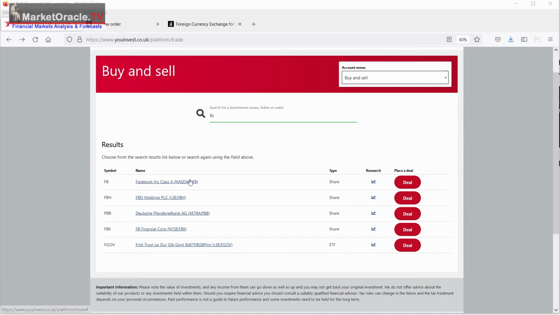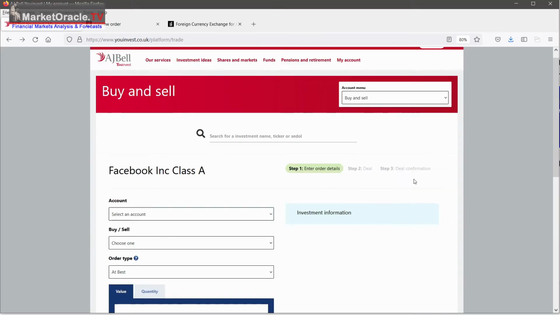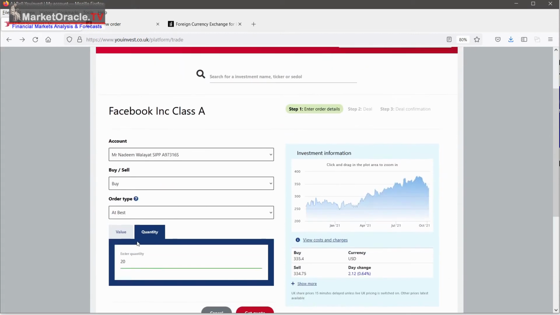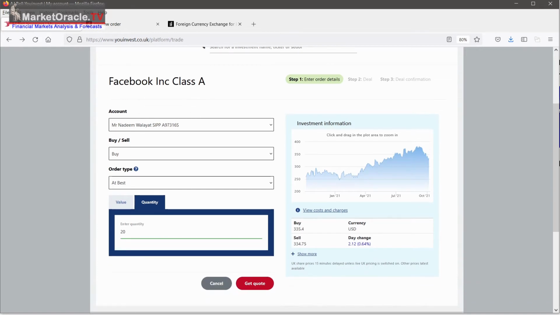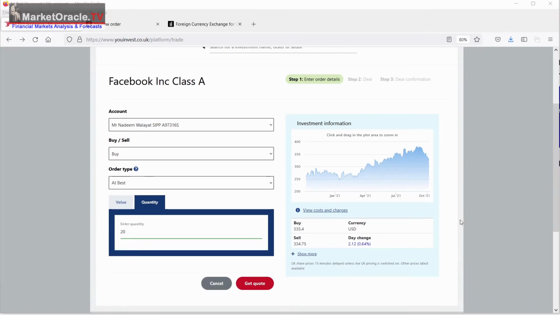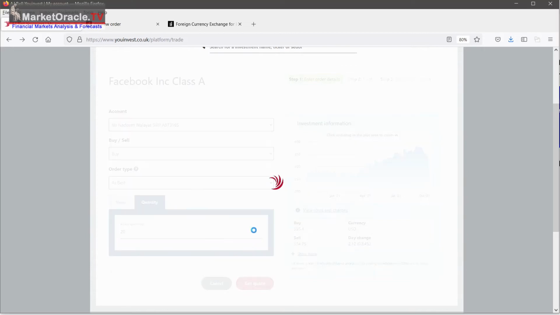Okay, first of all, let me just get another quote. Right, now I'm going to test the price that they quote for Facebook listed in London against Facebook listed in the US. First, let me get an up-to-date quote on the US.